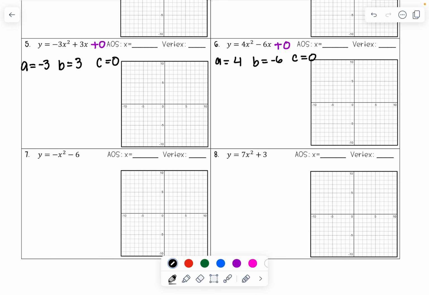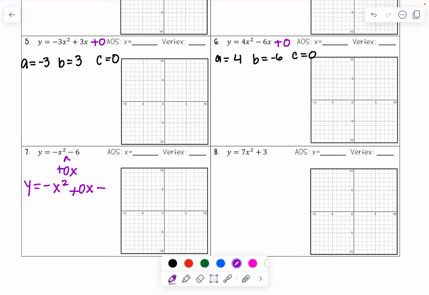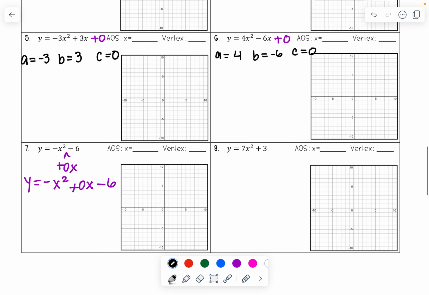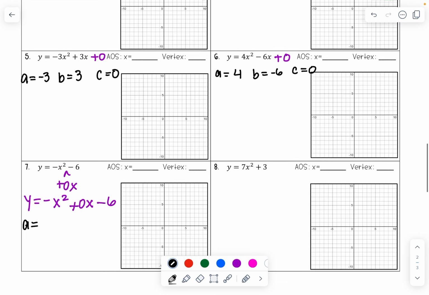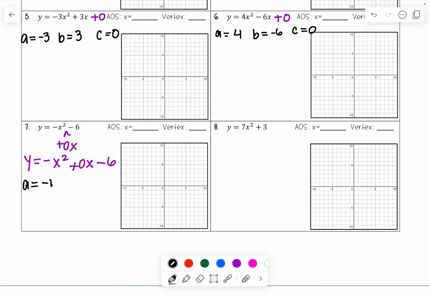And looking at problem 7 and 8, problem 7 is missing plus 0x. So I could really rewrite that equation as y equals -x squared plus 0x minus 6. And that's obviously going to affect a, b, and c. a is -1 because it's a -1 of the x squareds. b is nothing, and c is -6.